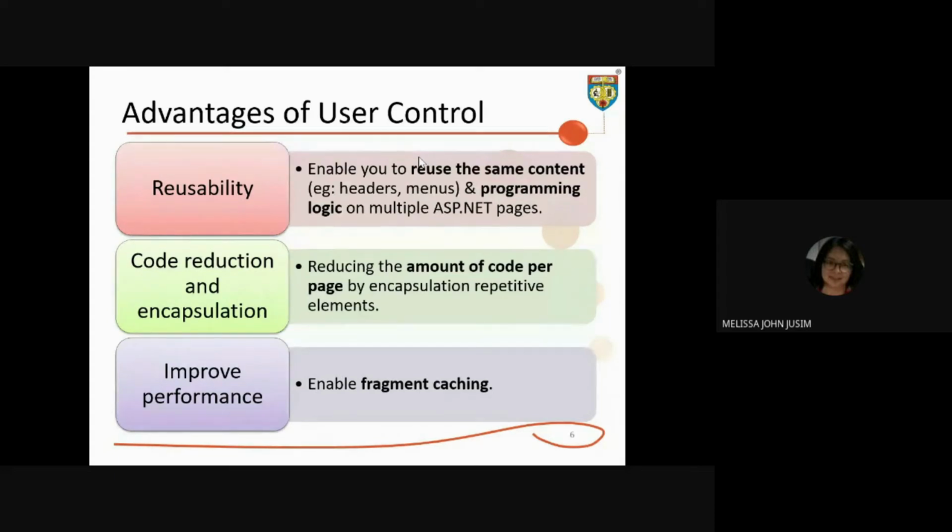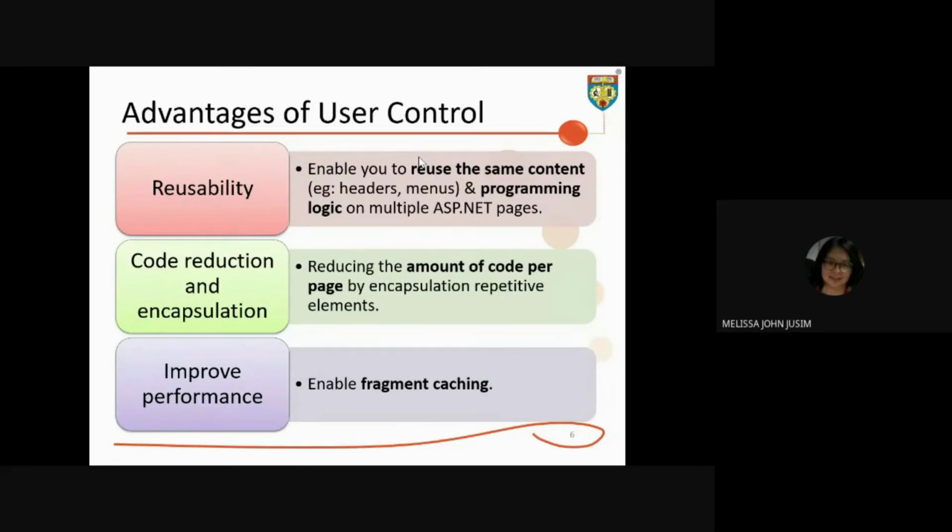Just now we have the label to display the user login status. And then what else? Advertisement. There's one example later that you will see. You can create an advertisement banner user control where you will detect, first of all, whether the user gender is male or female.